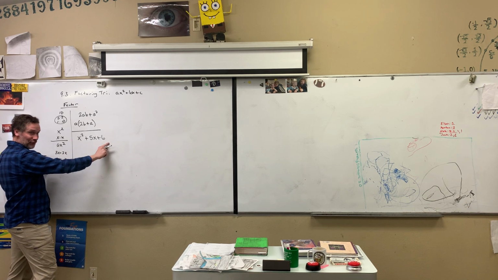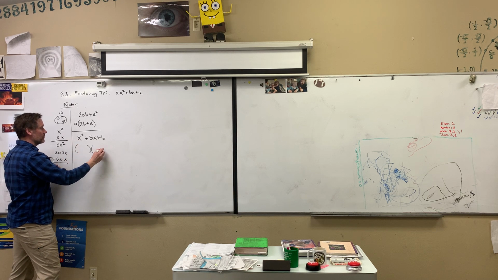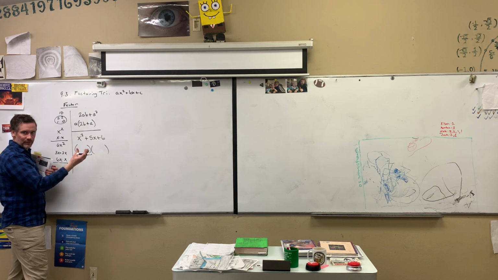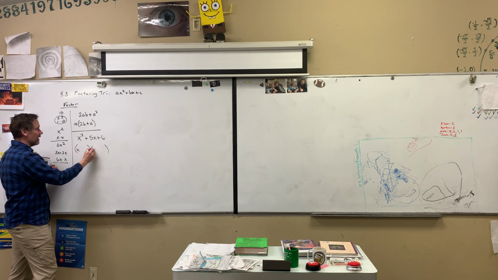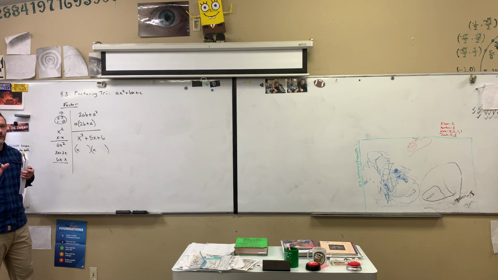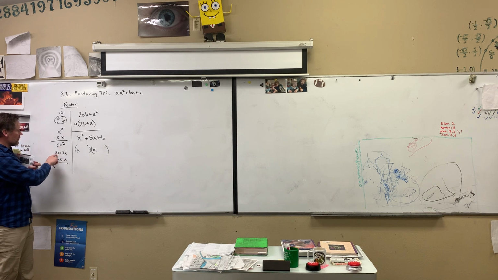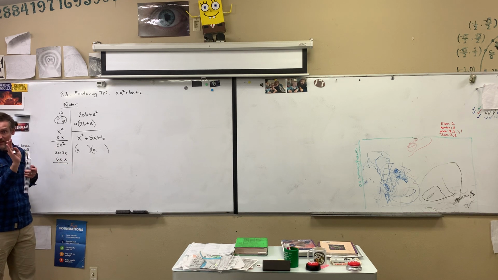We are reverse foiling. When it's got a coefficient of 1, it's really nice for us. We just put the parentheses, and what goes in here really quick? X and x, because x times x is x squared. You don't have to worry about whether it's 3x and 2x, or 6x and x. It's just x times x. Easy.